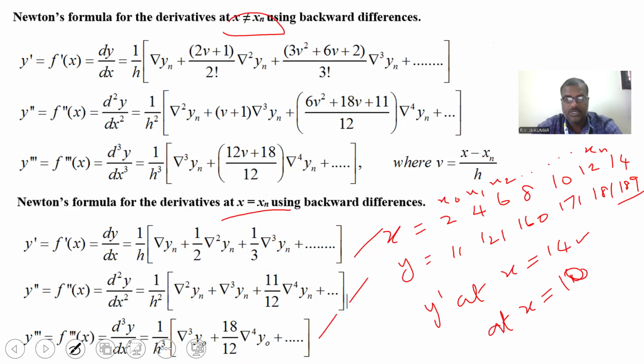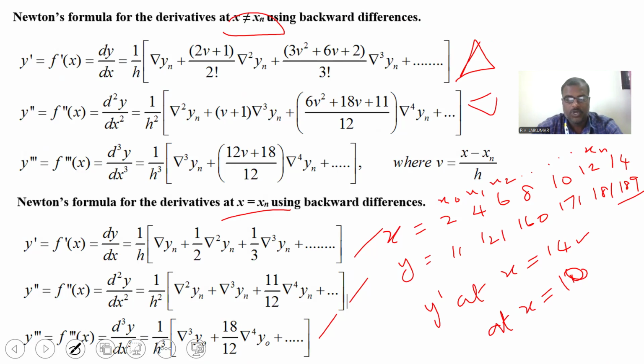You have to memorize all these formulas. You should memorize the formulas, then you can proceed to solve the problem. The thing is to memorize the formulas properly. We have used two different operators: delta and del.